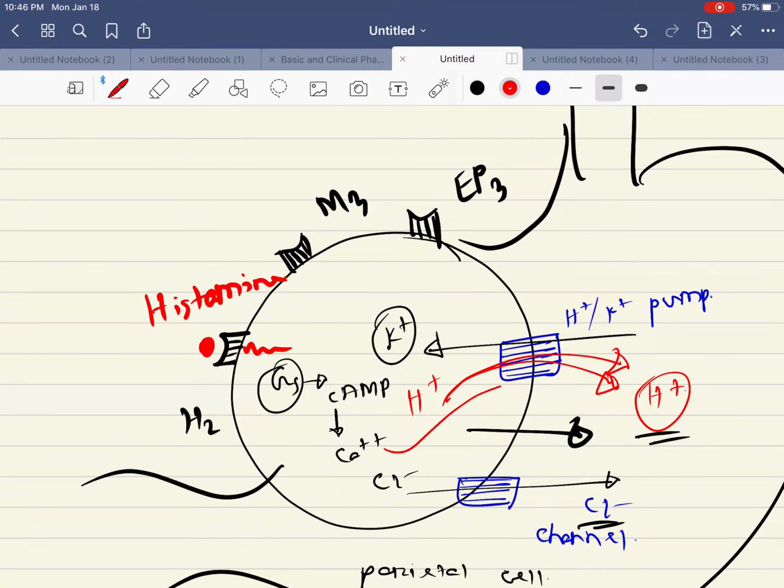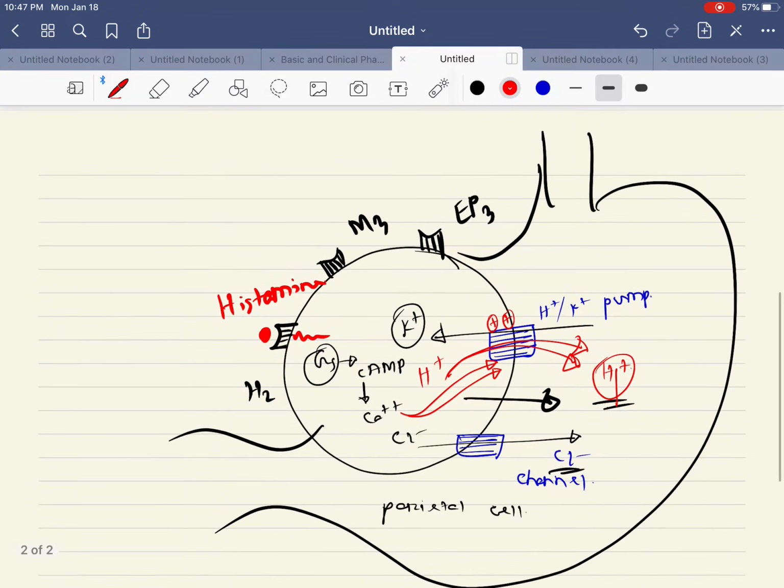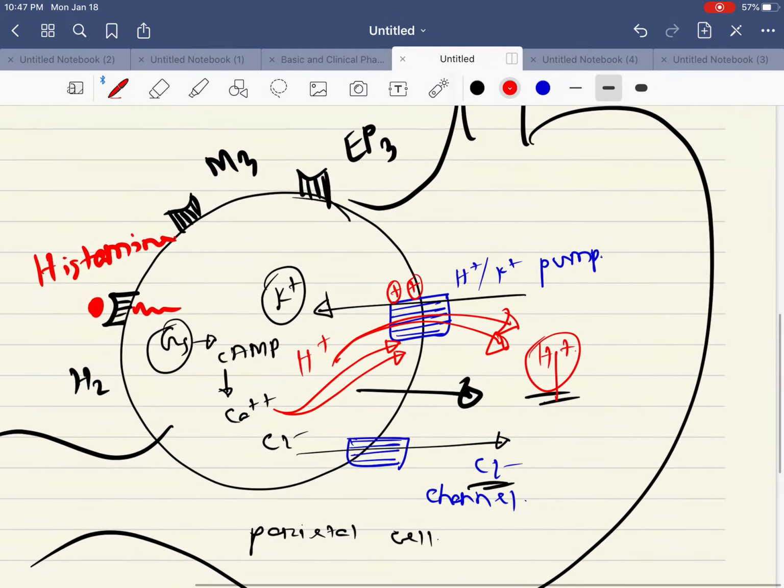This increased calcium will stimulate the proton pump, so the pump will efflux more and more hydrogen ion into the gastric lumen.